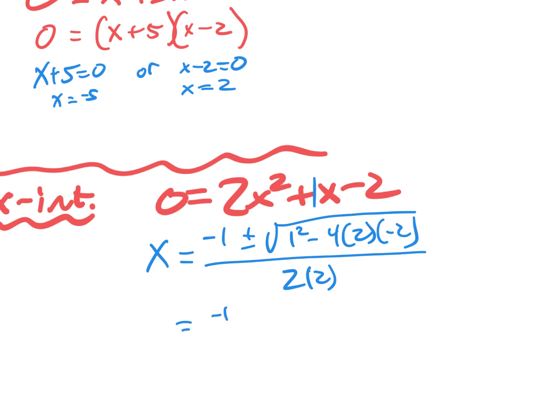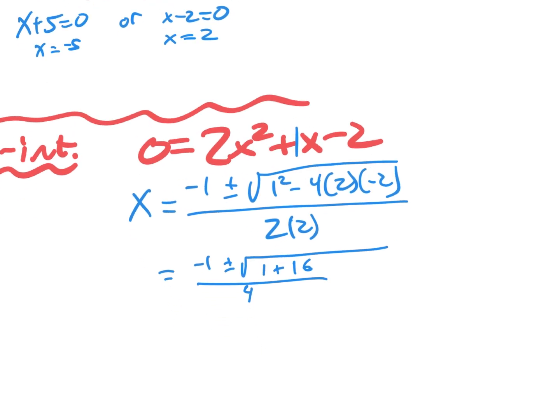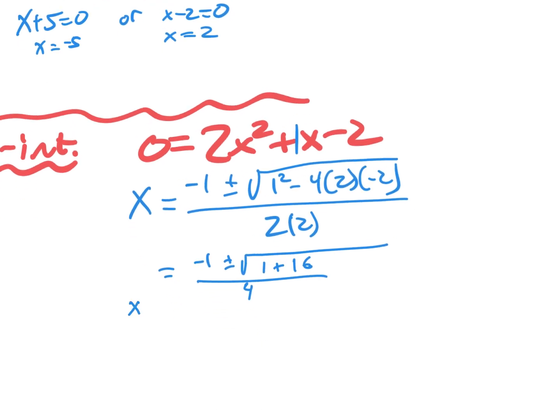We get negative 1 plus or minus, and in here we get 1, minus 4 times positive 2 times negative 2. That's going to be a positive 16, right? Positive 16 all over 4. And in the end, we have negative 1 plus or minus the square root of 17 all over 4.